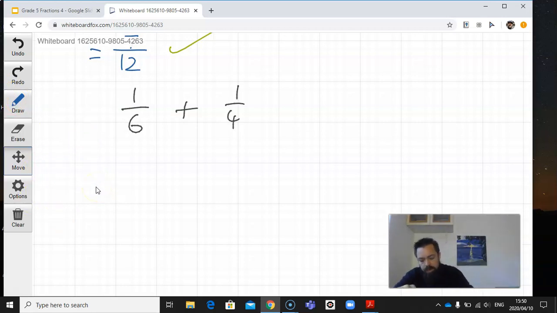Right, so remembering you need to make the denominators the same before you add them. If you can't think of what it is that you need to make the denominator, write down your times tables on the side. I'll quickly jot down the times tables for you.